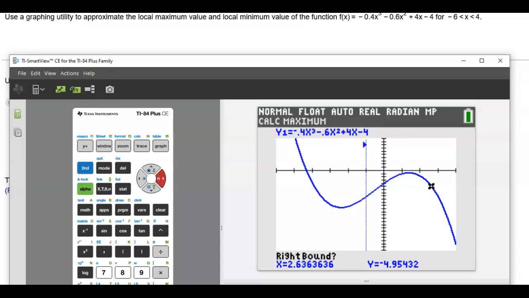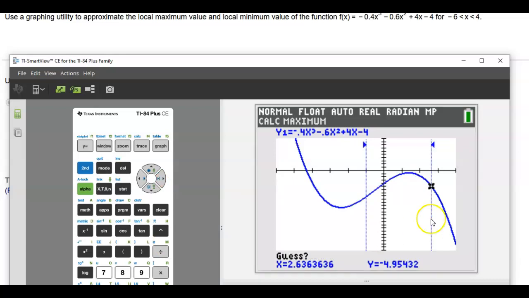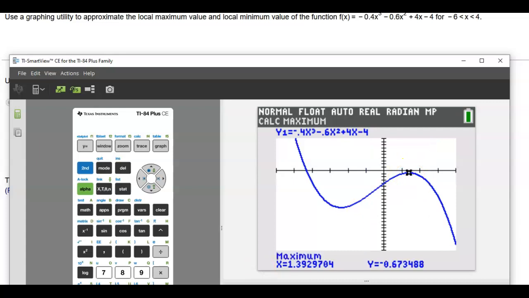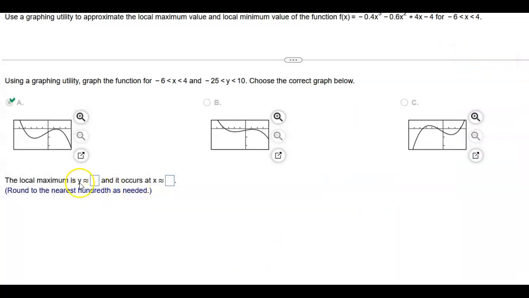We're going to hit enter again, and we want to make sure that the highest point between our two vertical lines happens where we're trying to find that maximum value. Hit enter again, and it looks like we get an x of 1.39 and a y of -0.67.